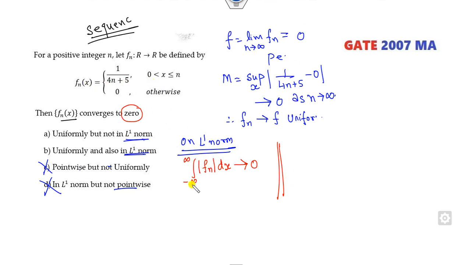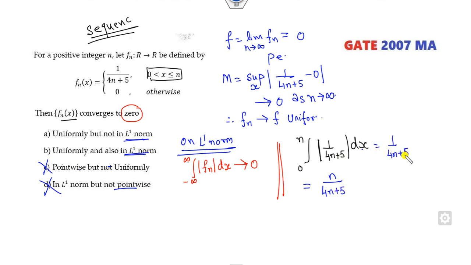Fn's domain is minus infinity to infinity, so the integral is from 0 to n. The modulus of Fn is 1 over 4n plus 5 dx. This value is a positive constant with respect to x. So it is n over 4n plus 5, because 4n plus 5 can be taken outside the integral of 0 to n of dx.